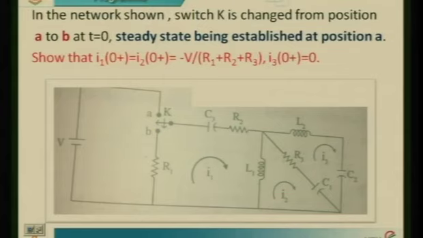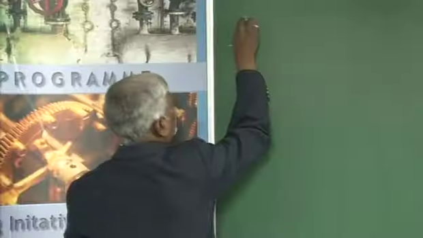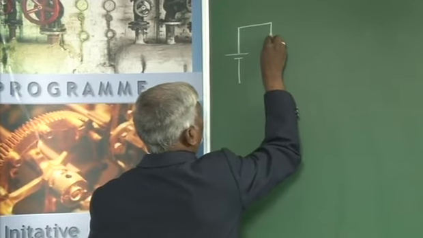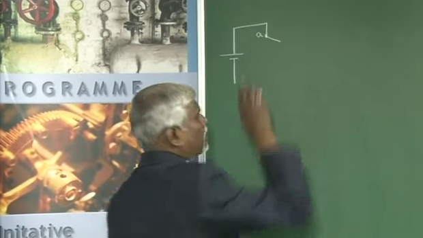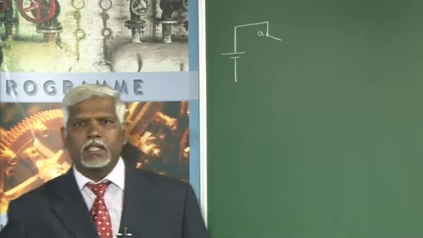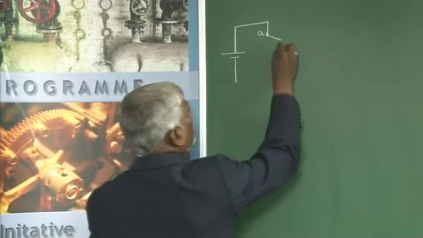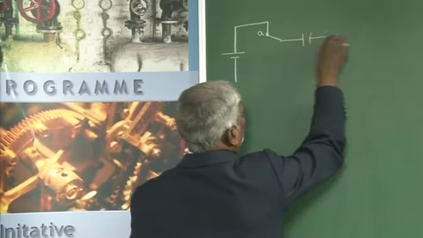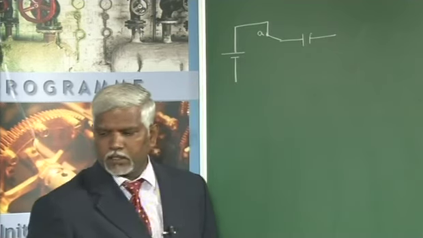The circuit given, just see the circuit here. The switch is at position A at t equal to 0 minus, position A, steady state has been established. When a steady state has been established, I will just write the circuit first and then we will go through the other things later on.